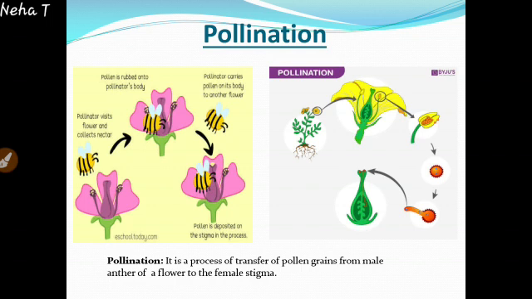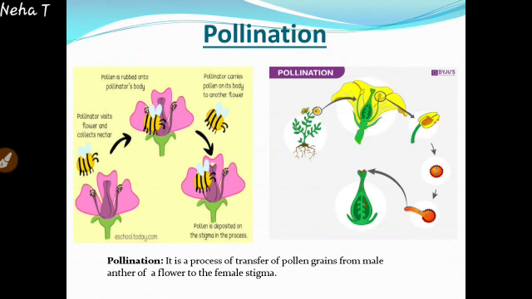Then pollinator carries pollen on its body to another flower. Pollen is deposited on the stigma in this process. Thus, in this process, pollination takes place and the seeds get fertilized.